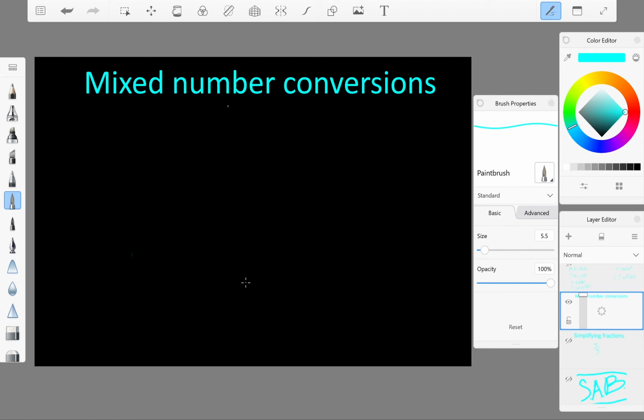Okay, mixed number conversions, okay? So we have 6/5, okay? So what you have to do is you have to figure out how many times does 5 go into that once, and how much is left over, 1/5, okay? So why don't we try with 12?